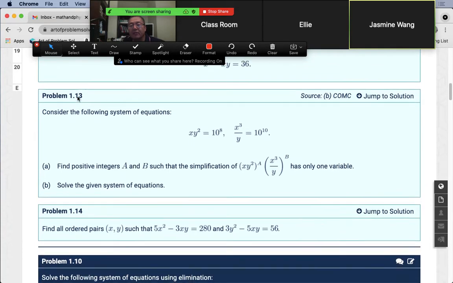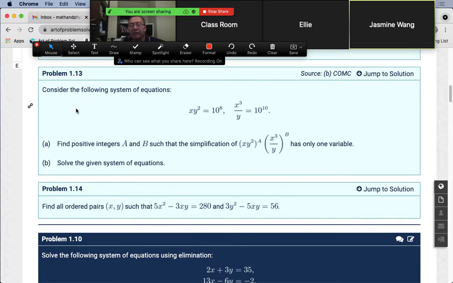Now let's see 1.13. Jasmine, can you help me read this problem? Consider the following system of equations. x y squared is equal to 10 to the 8th power. x cubed over y is equal to 10 to the 10th power.